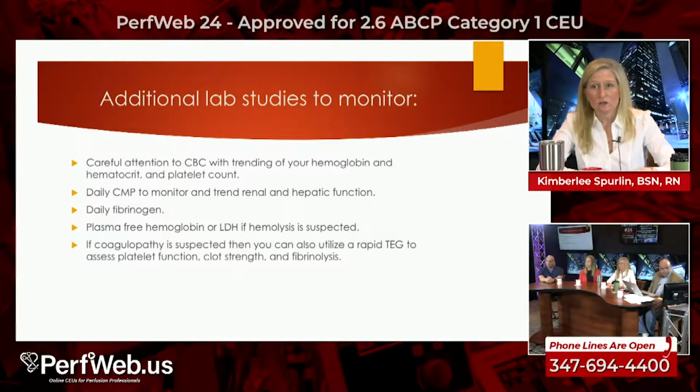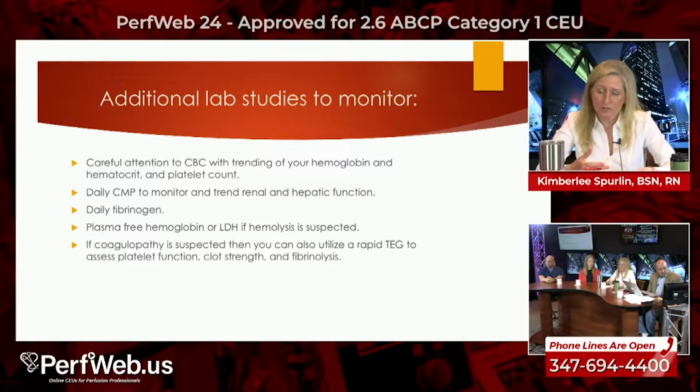I just wanted to put up some additional lab studies to monitor. Obviously, careful attention to CBC with trending of your hemoglobin, hematocrit, and platelet count, at least daily, if not every 12 hours. Daily CMP to monitor and trend renal and hepatic function. And hopefully there's a CMP or some idea of hepatic function before you ever went on.